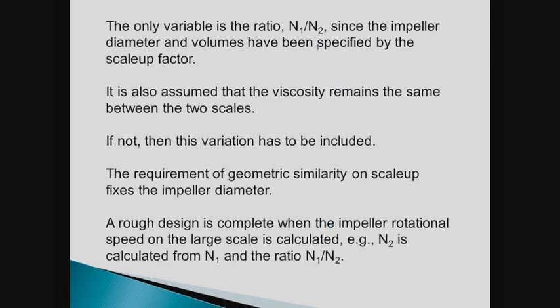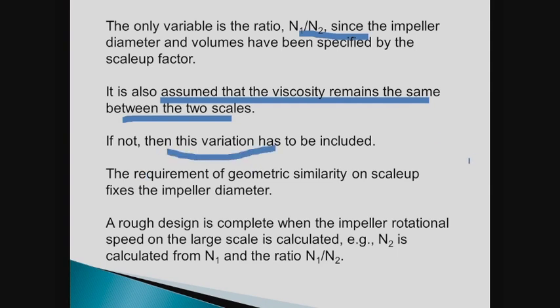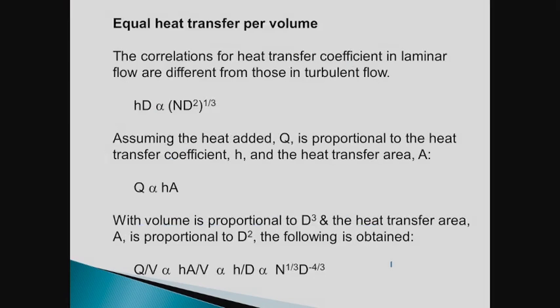So if we specify the ratio N1 and N2, we assume the viscosities remain the same. If not, you can include that variation if you wish. Anyway, we do a rough design, figure out what N1 and N2 should be.